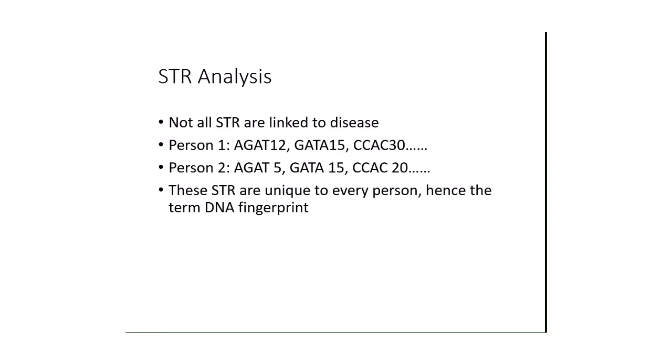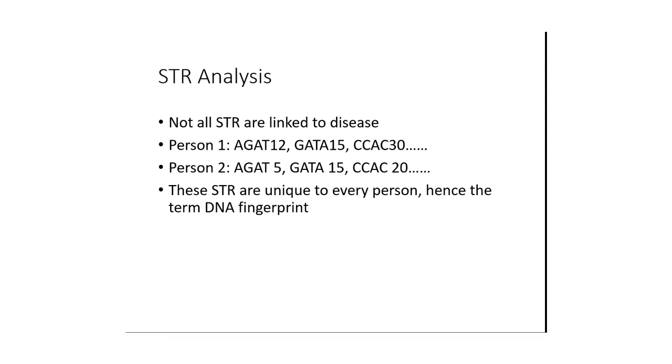Well, you can sequence everybody's genome, but that's going to be expensive, time-consuming, and impractical. Instead, we can just analyze the STR sequences from these individuals. First, we have to know where these STRs are within the genome, and people already know that because we have done the Human Genome Project. So we know exactly where these tandem repeats are.